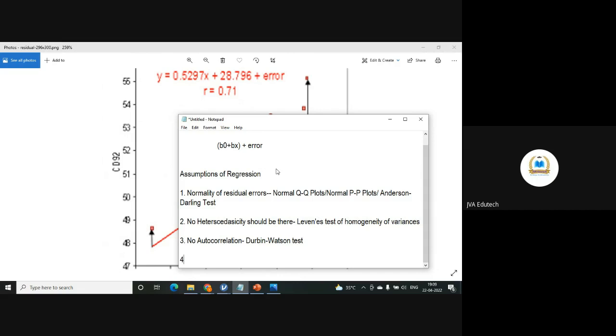Then this is of such importance: no multicollinearity. Why is it important? Let's say you have variables x1, x2, and x3. No multicollinearity means that there should not be high correlation between the independent variables. Suppose x2 is unable to explain y, your outcome, but still it is in the model, explaining because it has high correlation with x3.